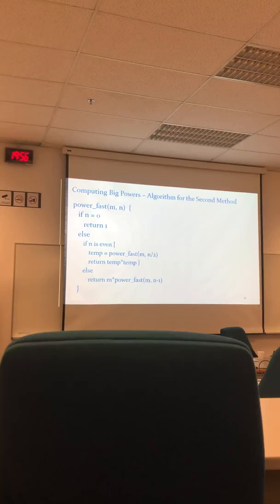If n is odd, we will solve the problem of m to the power n minus 1. So there are two different subproblems, but each time we only solve one subproblem. It's not two subproblems, so this is also the use of reduce and conquer.